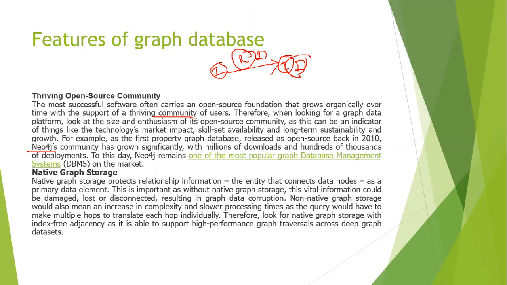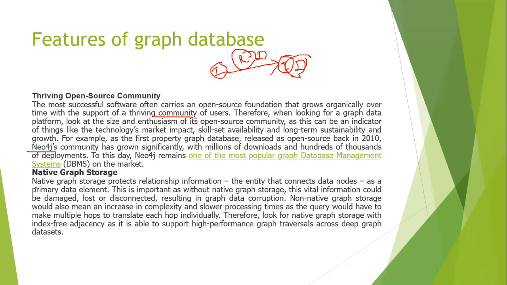To store the data, we require memory. In the same manner, to store the relationship also, we require memory, right? This is important, as without native graph storage, the vital information could be damaged, lost, or disconnected, resulting in data corruption. Non-native graph storage would also mean an increase in complexity and slower processing time, as a query would have to make multiple hops to translate each hop individually.